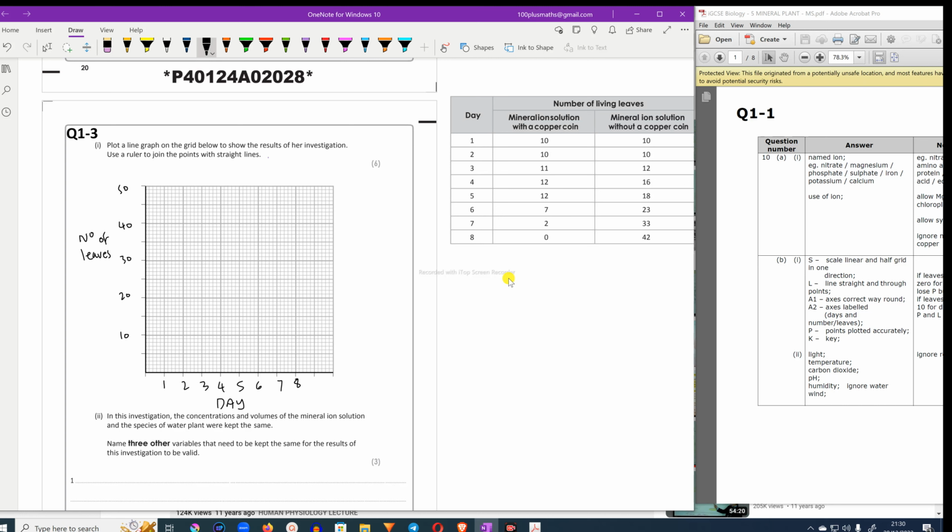So what we're going to do is we're going to do a key. We'll say that there is with copper, and we'll do just say this one without copper. So let's do the first one. On day one it was 10, 10.